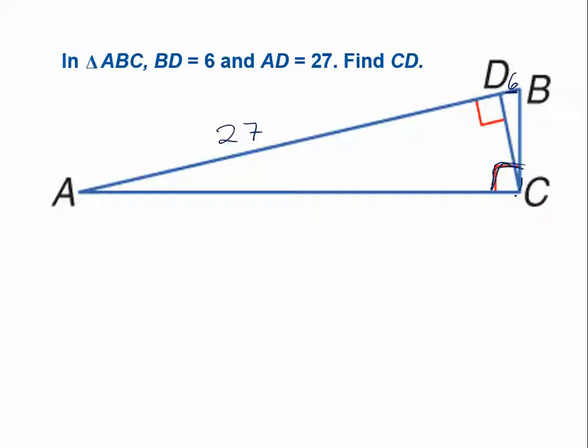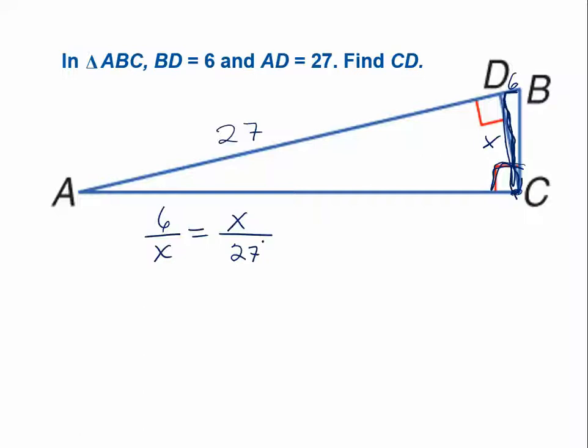It's coming from this vertex. It's going down to the hypotenuse, dividing it into two parts. So those two parts are going to go in my extremes position. And then I put my unknown, which is my altitude. Okay, so I'm finding this value.